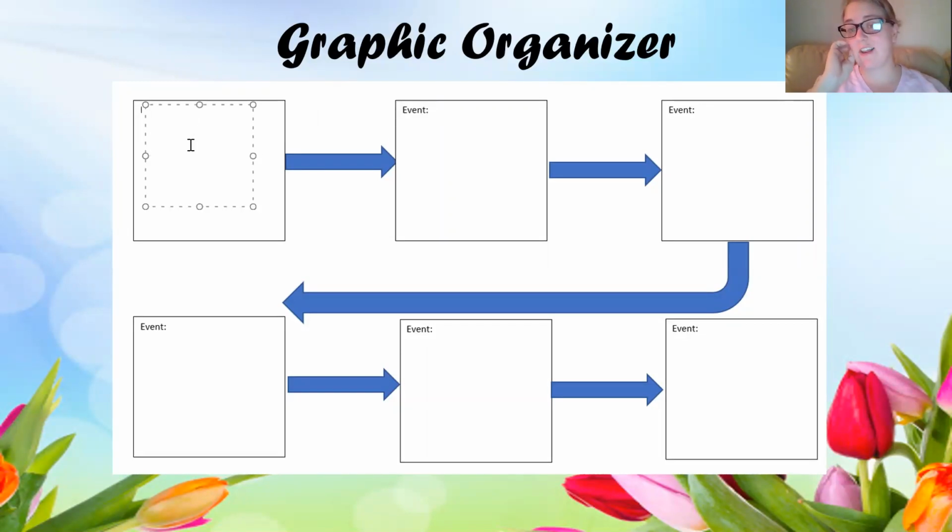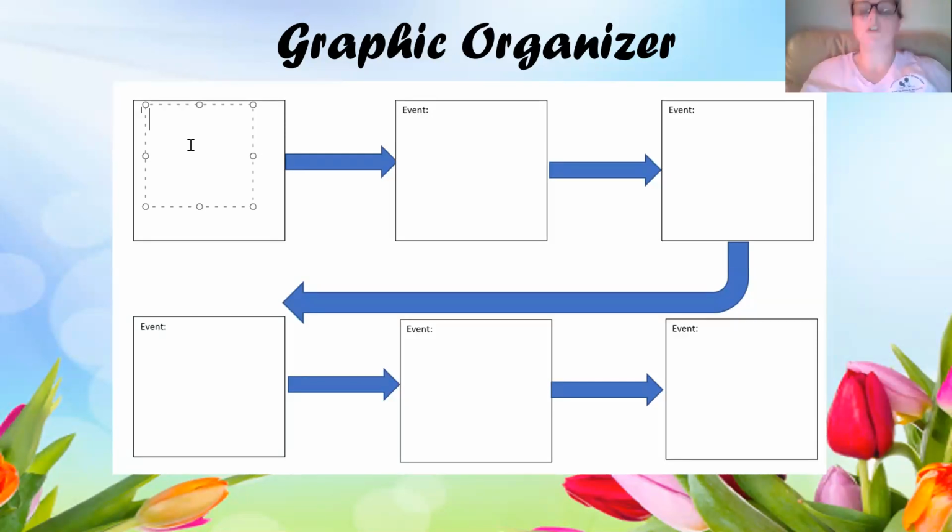So the first event in our text, this is going to be hard because I don't know if it's going to let me flip back and forth. But actually, you know what? I have the text over here. Hold on one second. You're going to have to look at the text. All right, here we go. Got it right here. This will make it a little easier.